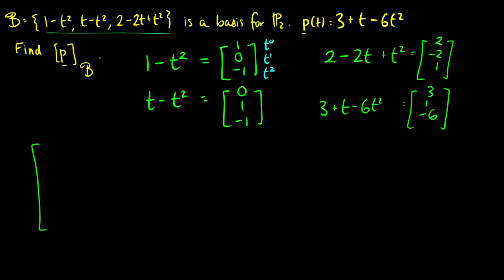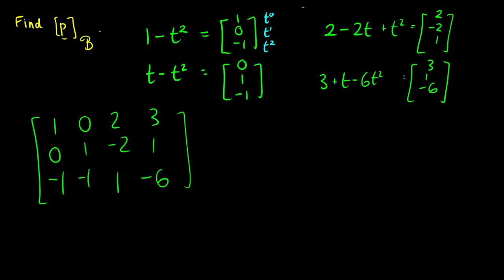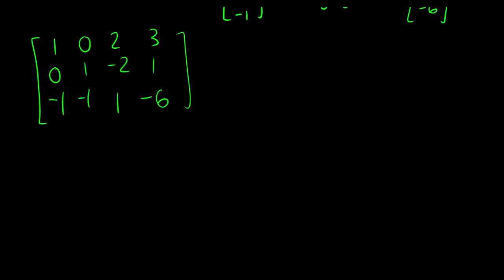Okay, let's do that. So we're going to have our b1, which is 1, 0, negative 1, our b2, which is 0, 1, negative 1, b3, which is 2, negative 2, 1, and then our polynomial, which is 3, 1, negative 6. So now we could do some row reduction. Okay, so let's leave the first and second rows the same, and we're going to add the first row to the third row.